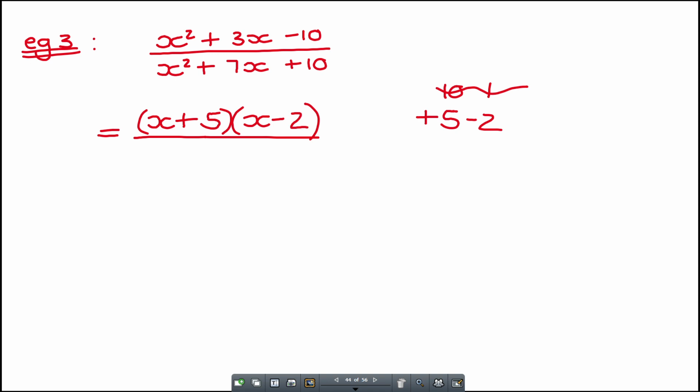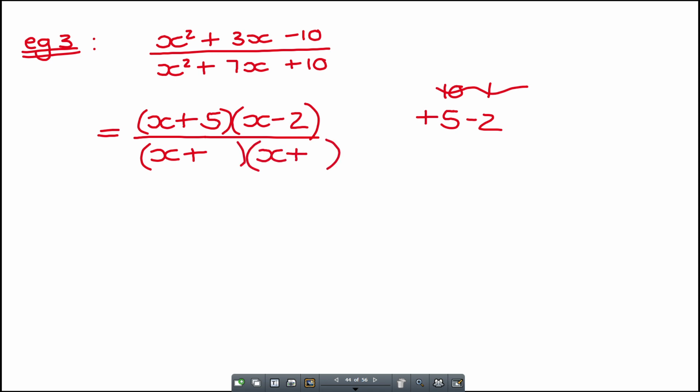Does everyone understand? Okay. Now let's look at the trinomial at the bottom. Because that's a plus, it will either be plus plus or minus minus. How do I decide? Look at that one. So it would be plus plus. So x plus something, x plus something.